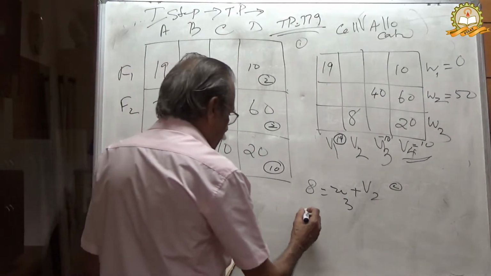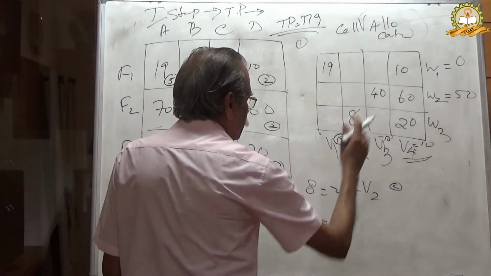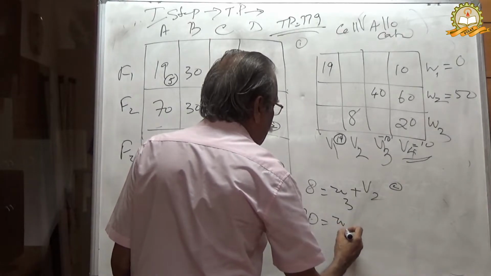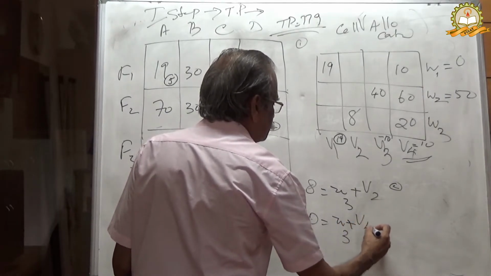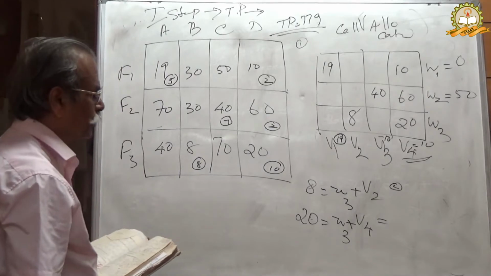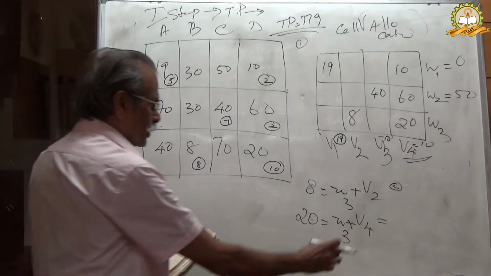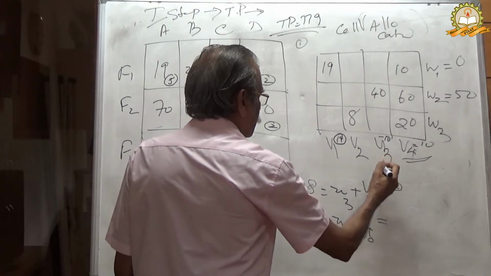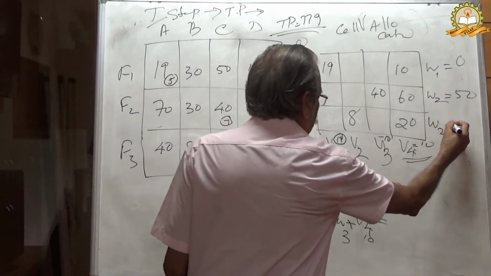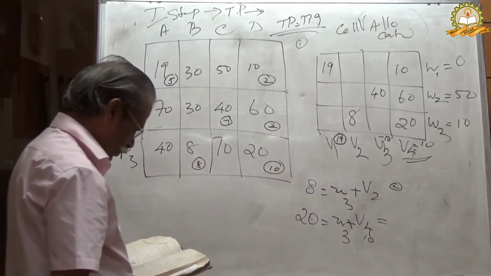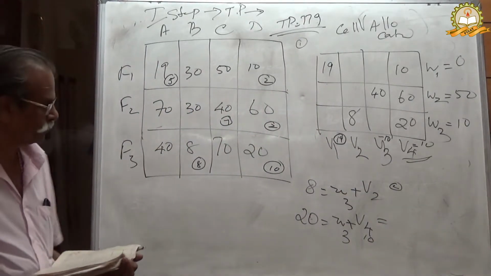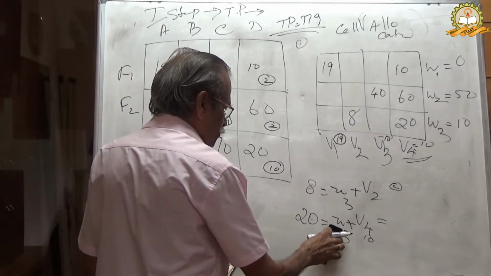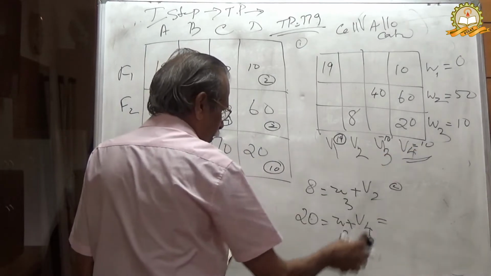And 20 equals U3 plus V4, but V4 equals 10 is obtained.